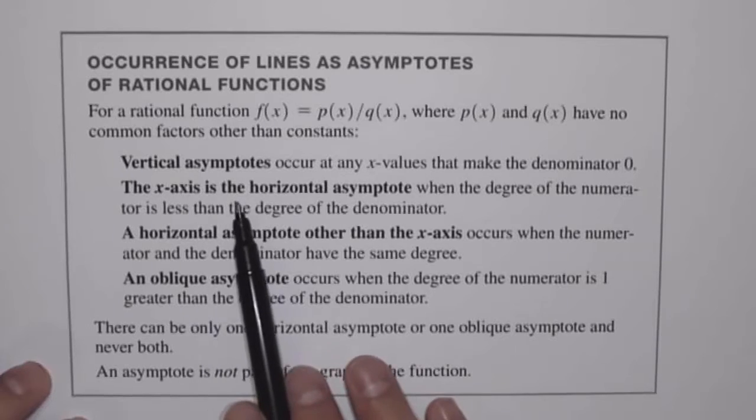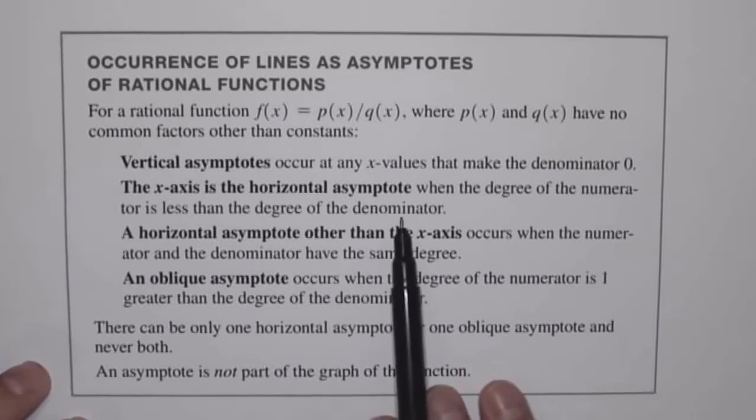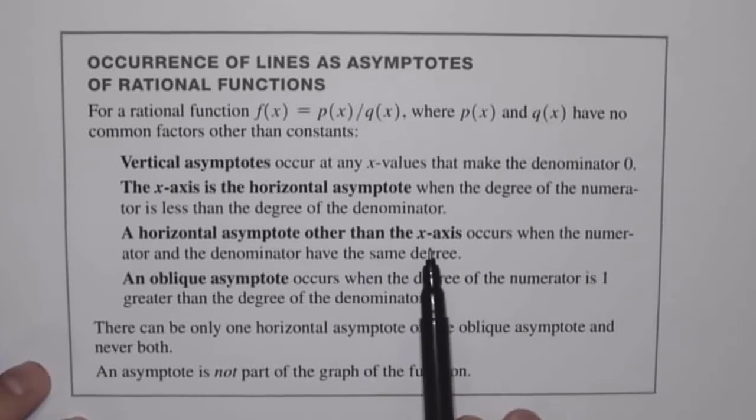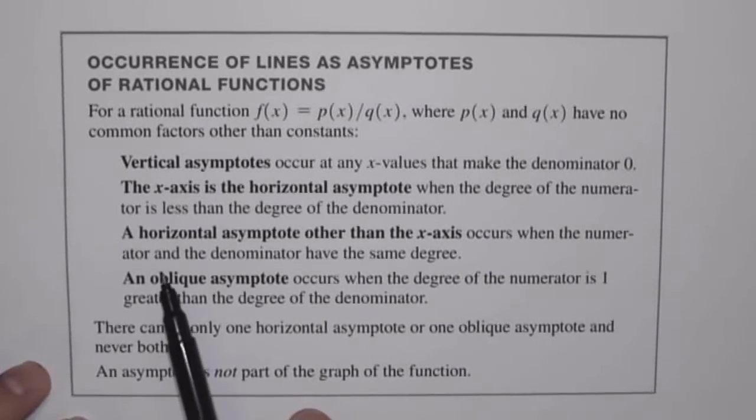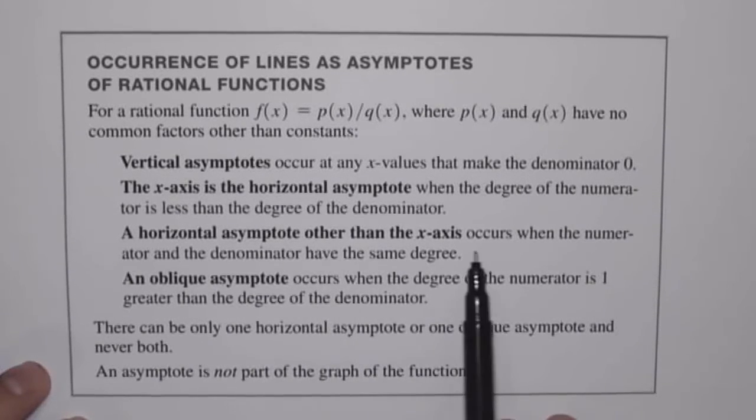The x-axis is the horizontal asymptote when the degree of the numerator is less than the degree of the denominator. A horizontal asymptote other than the x-axis occurs when the numerator and the denominator have the same degree. And remember that horizontal asymptote is going to be the leading coefficient of the numerator divided by the leading coefficient of the denominator.